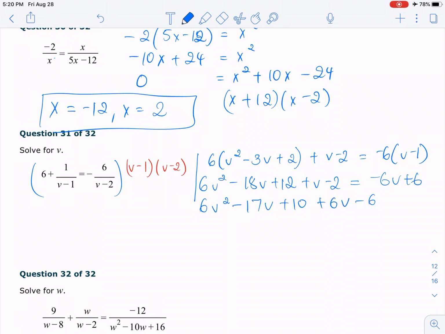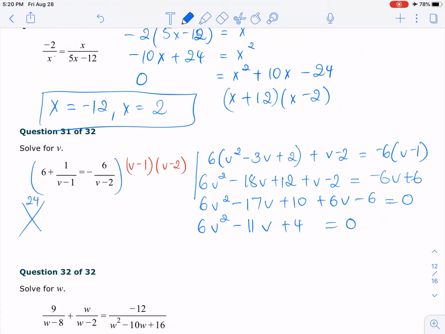I'm just going to move everything to one side so I can factor. All right, let's factor. So what we have is 24, and I have negative 11. I'm going to pick negative 8 and negative 3.